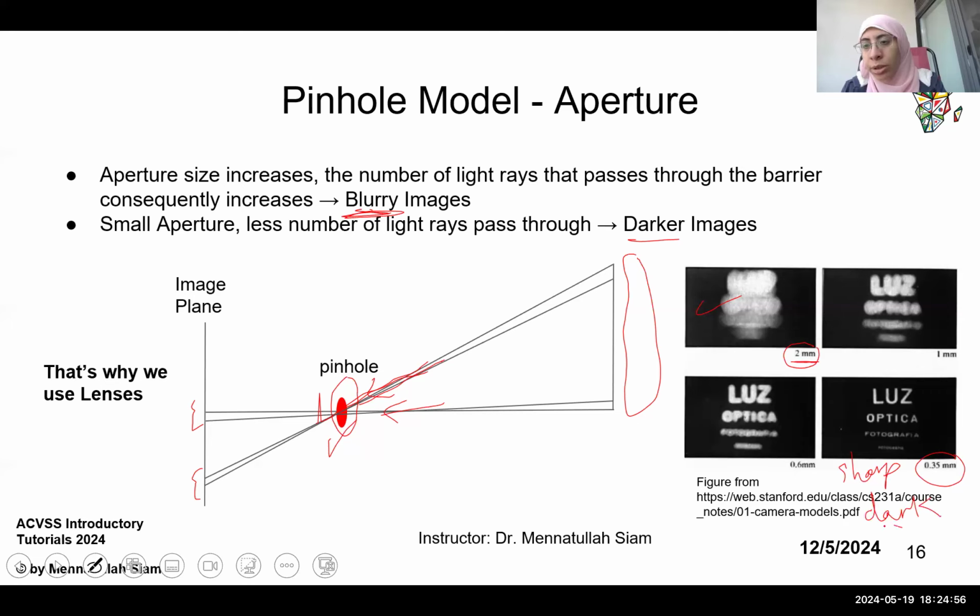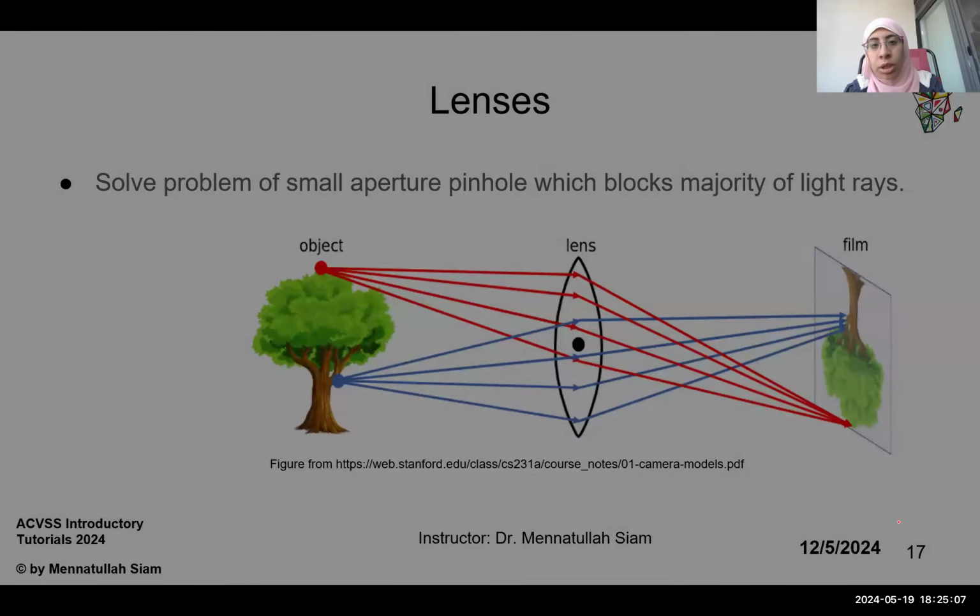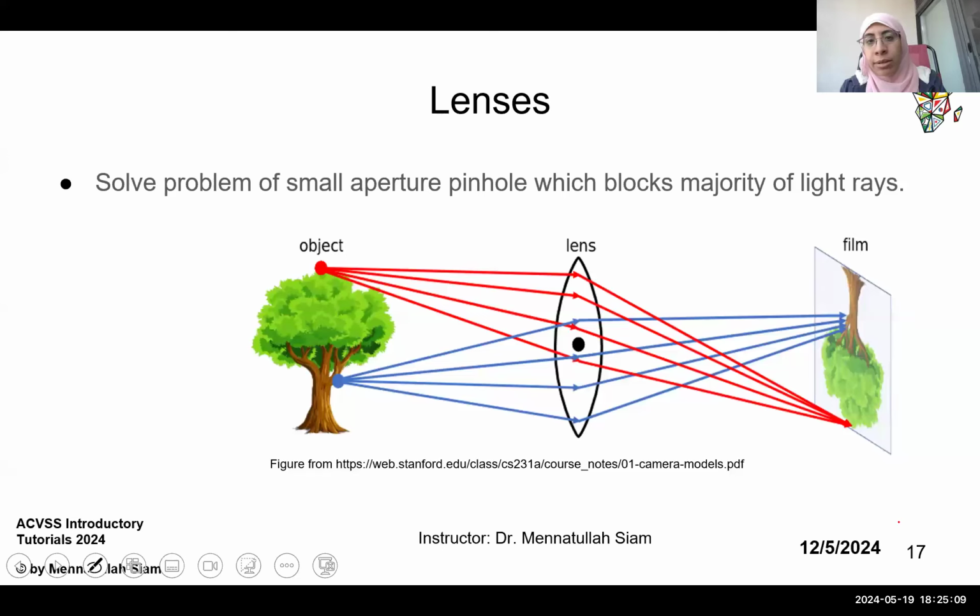That's why they introduced the idea of the lens. Instead of having just a simple pinhole and controlling whether it's small or large, you can use the lens to make sure that even if you allow more light rays to come in, the lens will ensure that they converge and get us a better, sharper image than simply having a small pinhole.